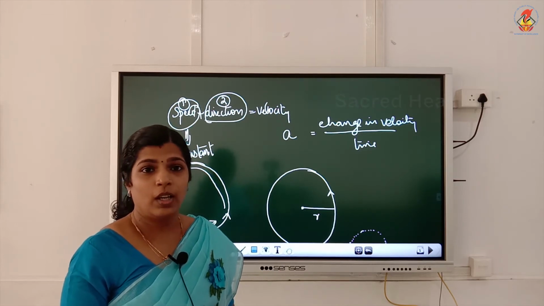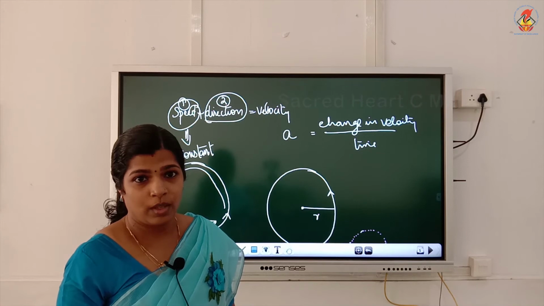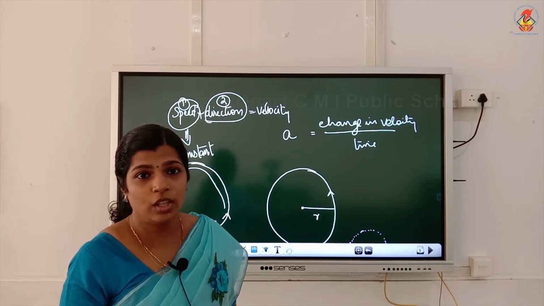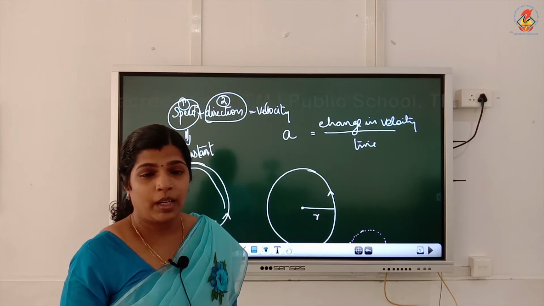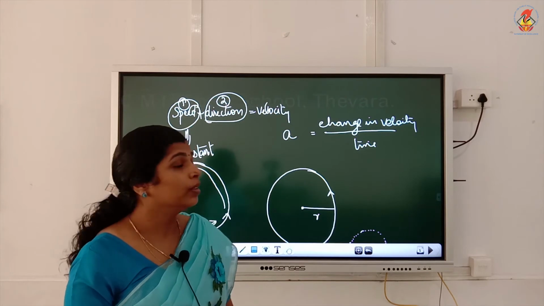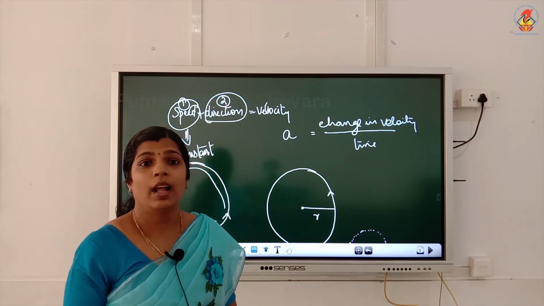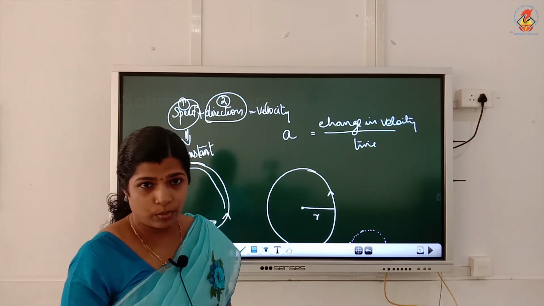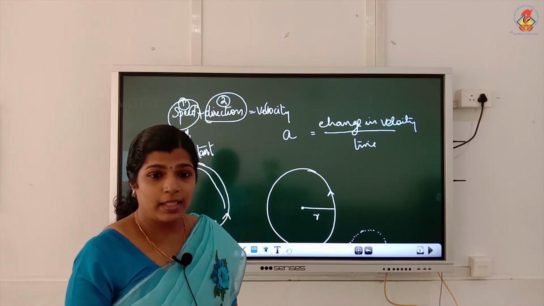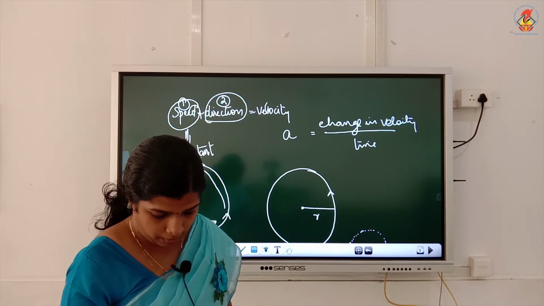Means velocity is changing in unit time. That means uniform circular motion is an accelerated motion.